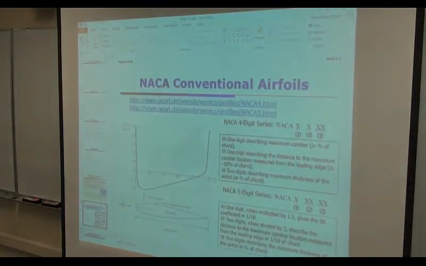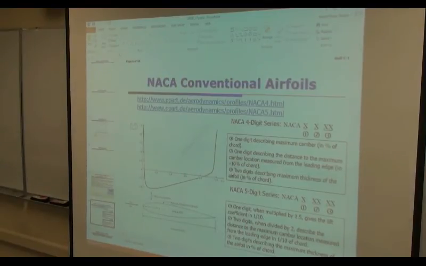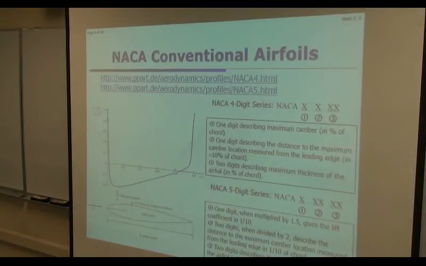Alright, so let's remember unit C1. Please show the screen, entire screen. Okay. Remember, there's a website, NACA 4-digit, 5-digit generator. So let's just take a look at NACA 4-digit generator website. Click on it and visit.